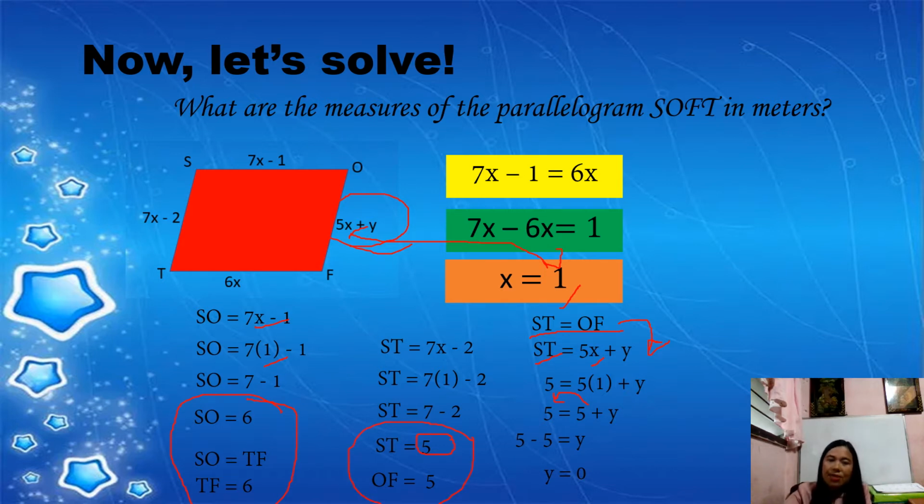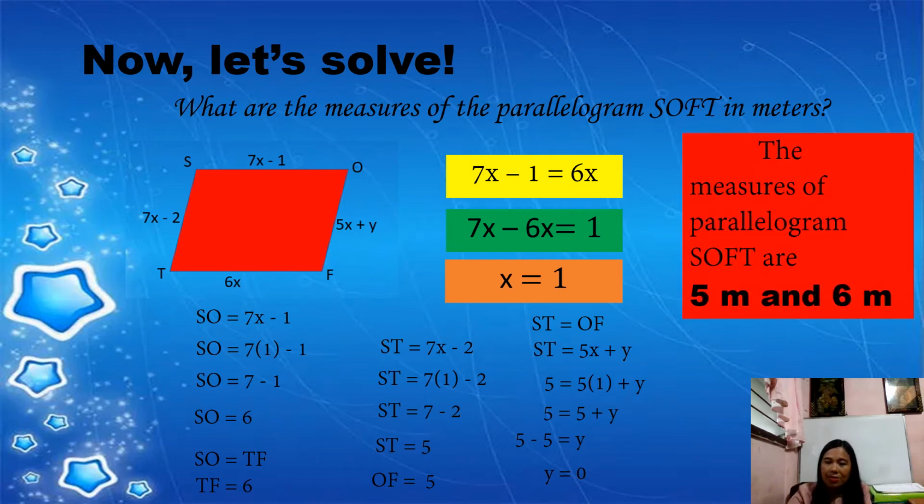So we can now answer the problem with, wait, let me erase first. Okay. So the measures, to answer the problem, what are the measures of the parallelogram SOFT? So we have the measures of the parallelogram SOFT are 5 meters and 6 meters. Okay, problem solved.